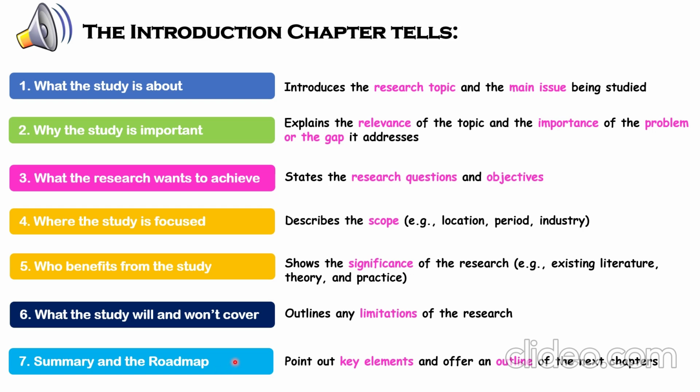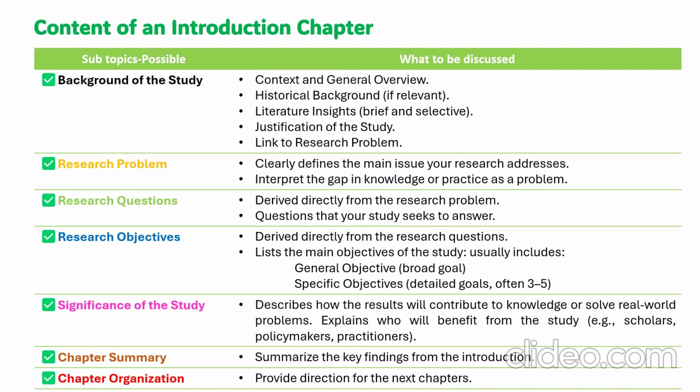So basically, these are the things that the introduction chapter tells a reader. It provides the importance of your research problem, what you are trying to achieve, and the benefits of your research outcome. Finally, the summary of the key points of your introduction chapter plus the roadmap to your entire research report.